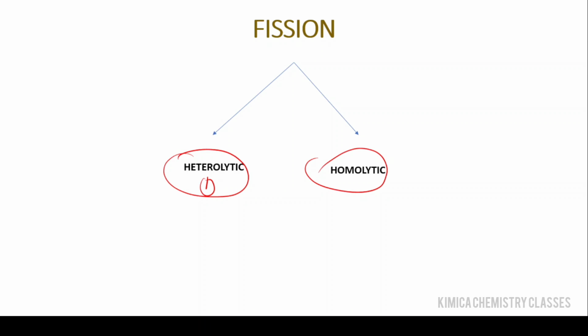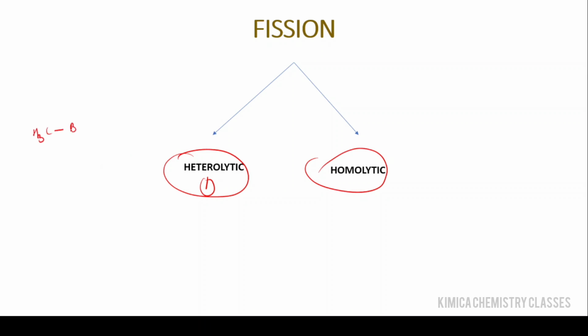After heterolysis, one atom has a complete octet and a negative charge, and the other has a positive charge and a sextet. I will explain this through one example, bromomethane.